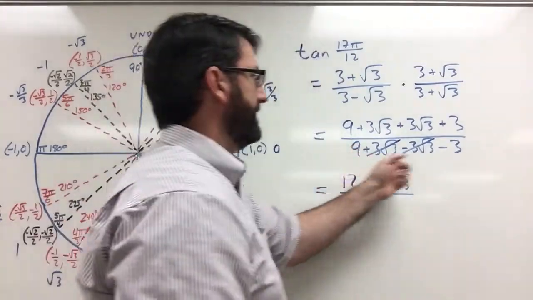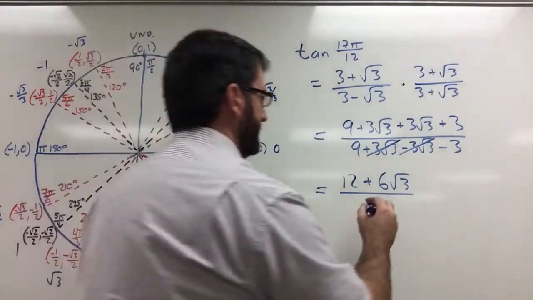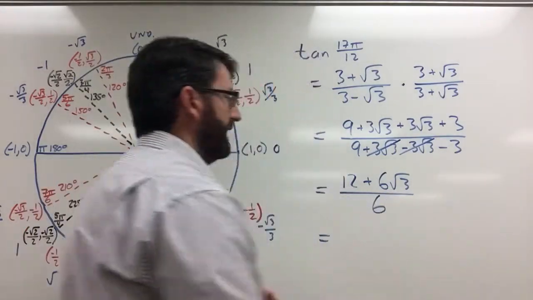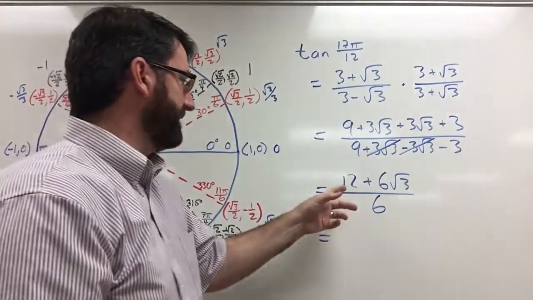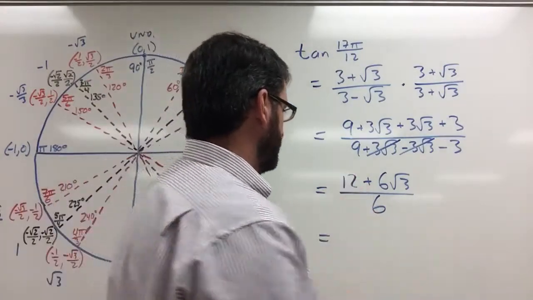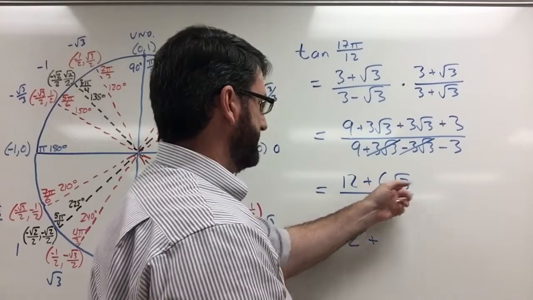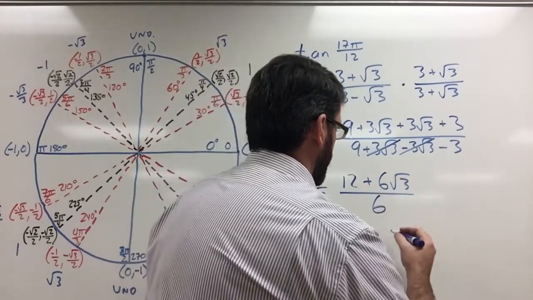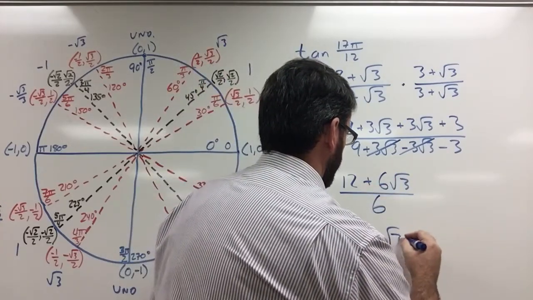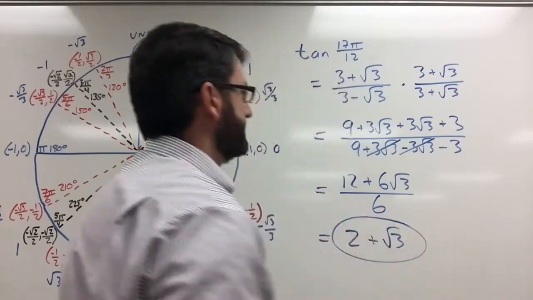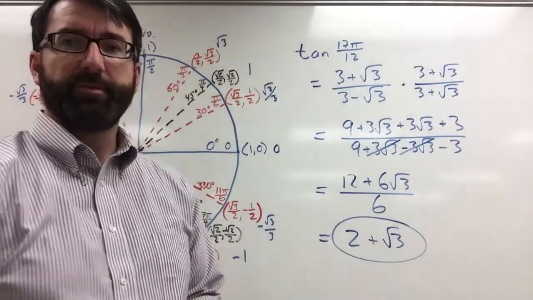And then on the bottom we've got 9 minus 3 is 6. And if we simplify this, we get 12 divided by 6 is 2 plus 6 square root of 3 divided by 6 is square root of 3. And so that is going to be our answer.